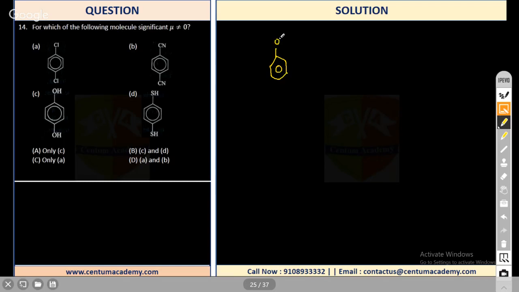That OH bond may be like this, or another possible is this OH and OH. So in this case, mu equals 0. In this case, mu does not equal 0 because of the orientation of this bond, right? So whether we have O or S, we have the same logic. For C and D, we'll definitely have dipole moment. So option B is correct.